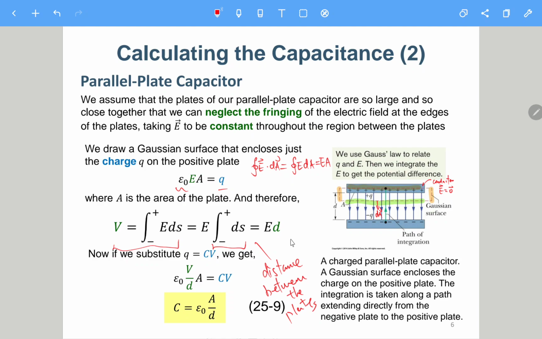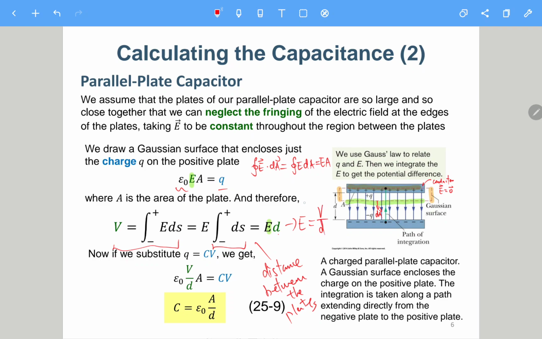Then we would like to eliminate some variable, which is E. We move d over, then we have E equals V over d.